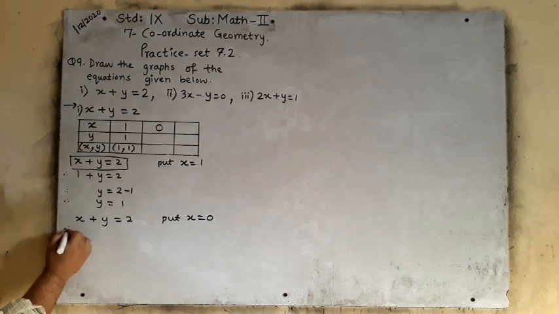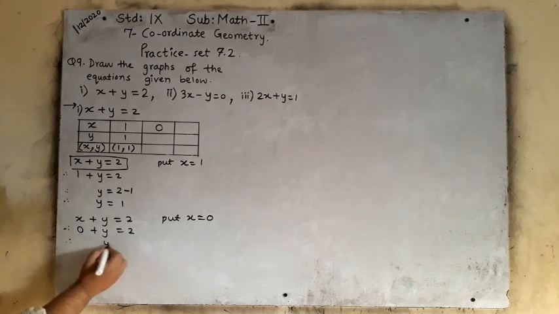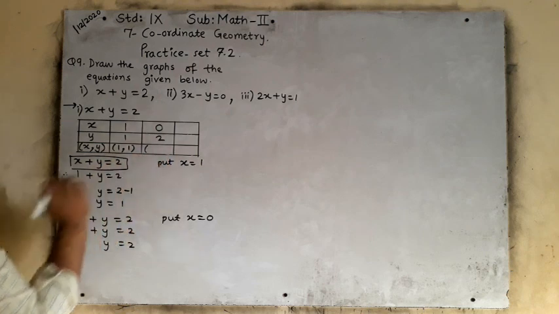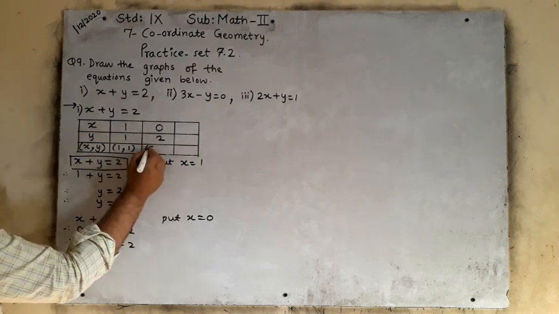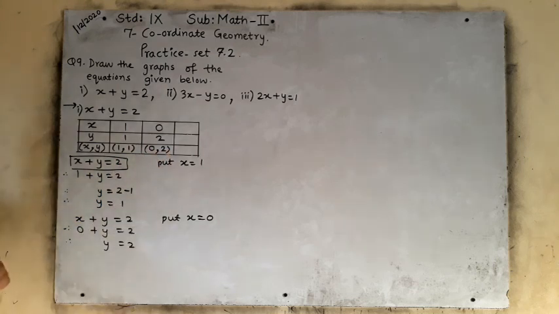So now wherever x is here I will put 0. The remaining equation you will write as it is. Therefore y is equals to 2. So what you will write here? First you will write the x coordinate 0, comma, second you will write the y coordinate, that is 2. Is it clear? Now see the next one.